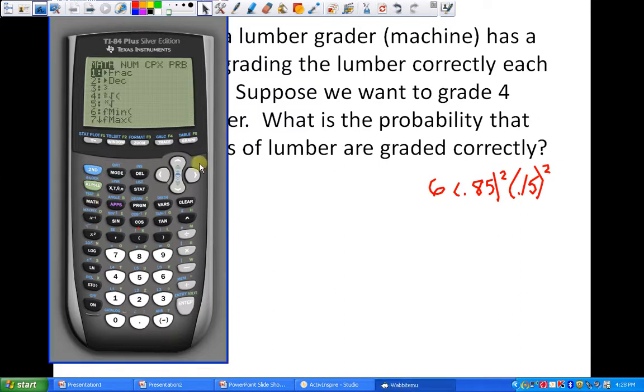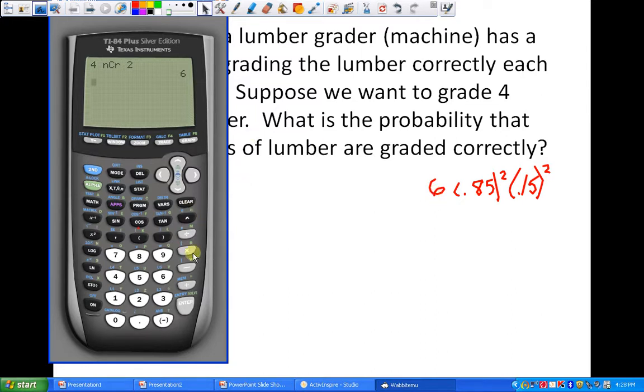So we go to 4, we go over to math, we go over to probability, go down to option 3, that's the symbol for choose, and we do 4 choose 2. We see how many ways. 4 choose 2 gives us 6, which is what we got. There's 6 ways that you can choose 2 successes out of 4.